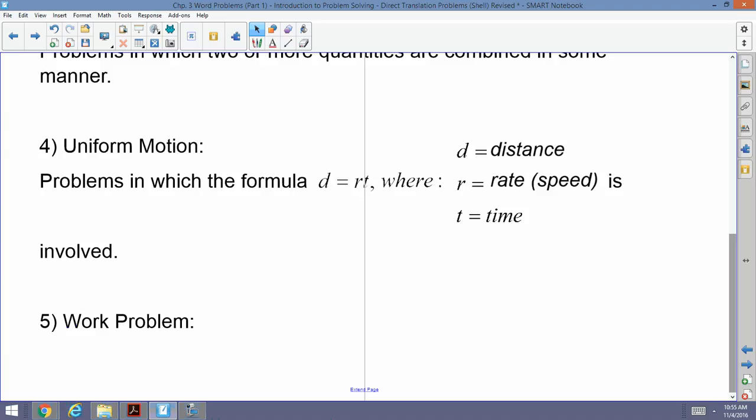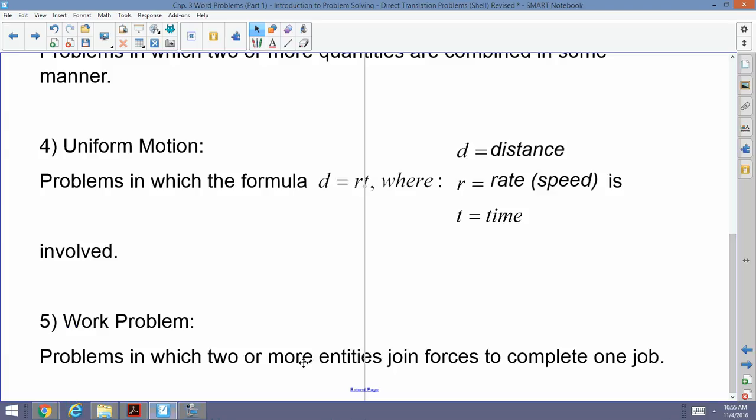And last but not least, you have what's called work problems. This is problems in which 2 or more entities join forces to complete one job. Again, they want you to do it in this chapter. I don't think that the skills that we have are going to make it very easy or productive.